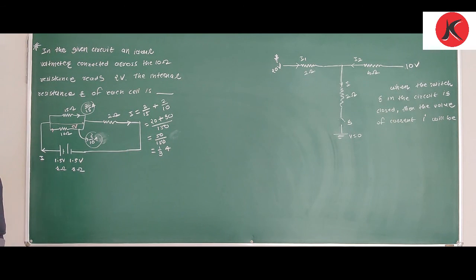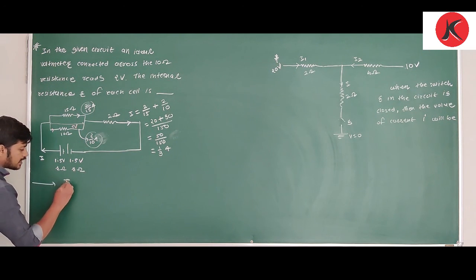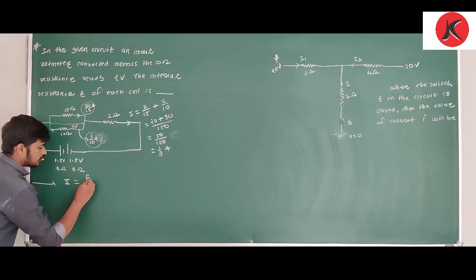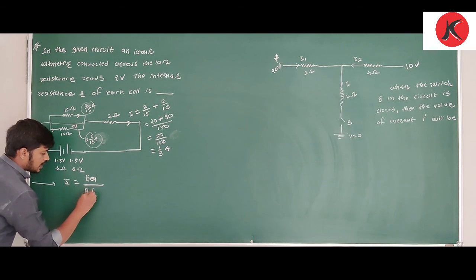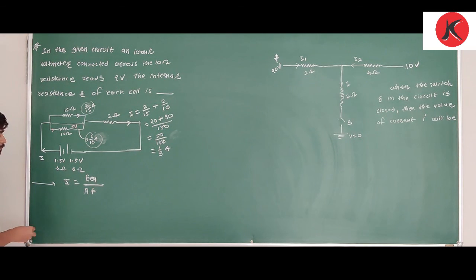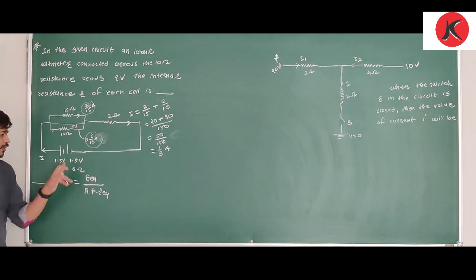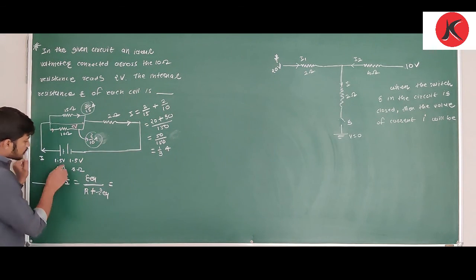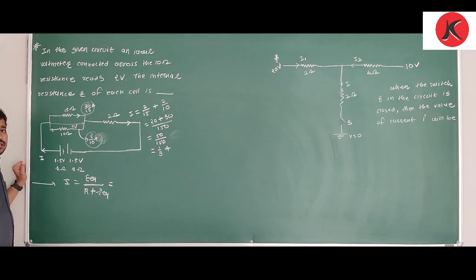Now, how to find the internal resistance? We know that in the case of a cell, the equation of current is: I, the current flowing in the circuit, is equal to E equivalent upon R plus R equivalent, where I is 1 by 3. E equivalent here means: these two cells are in series connection and in helping condition, so the EMFs add.